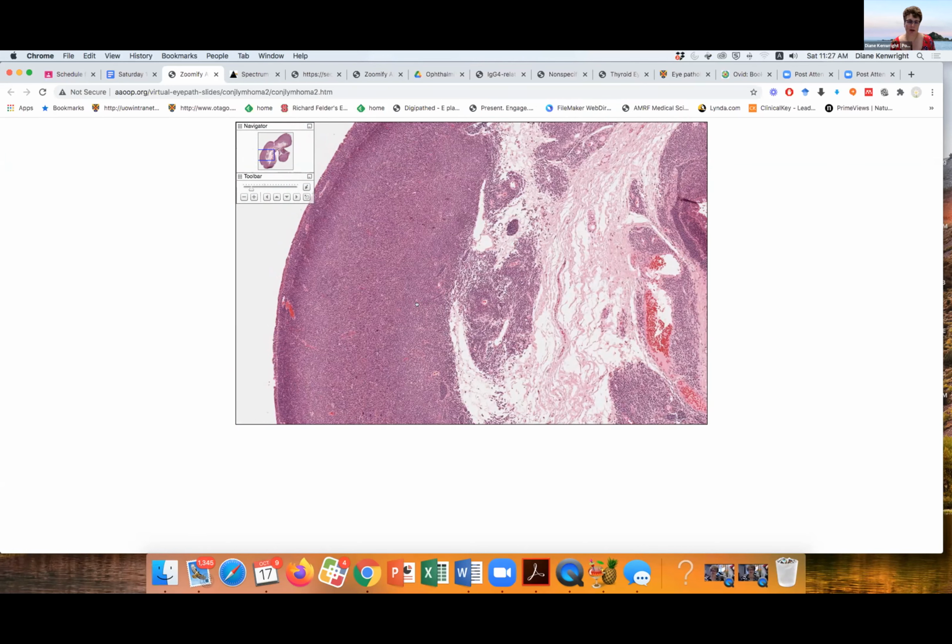But I would also comment on the features that aren't there that would indicate that it's not a reactive change. So there's no mixed cell population, and there are no reactive follicles with polarization and tingible body macrophages.